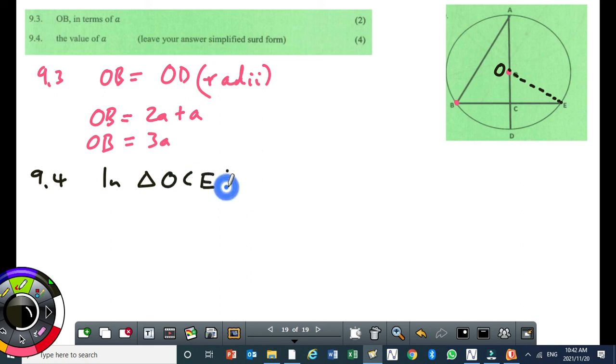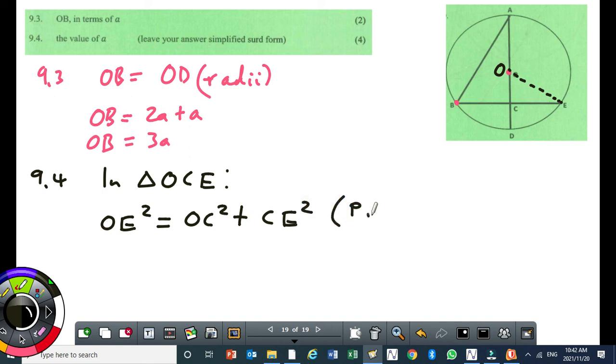OCE, alright? The good thing is I now know my dimensions, so I can write this as OE squared is equal to OC squared plus CE squared. Please don't forget to write Pythagoras because you might get a mark there. Okay?